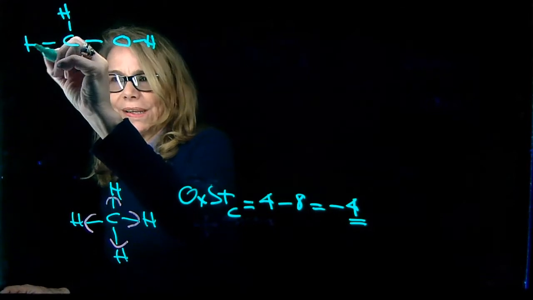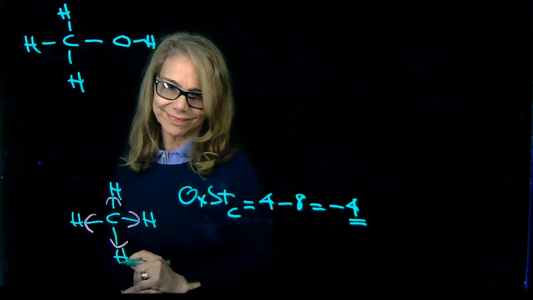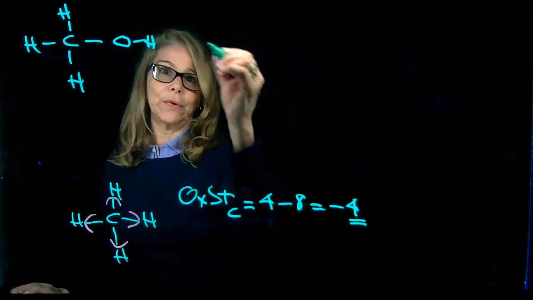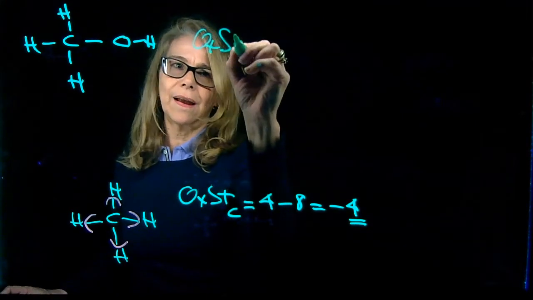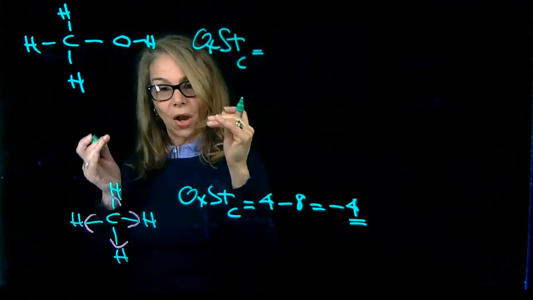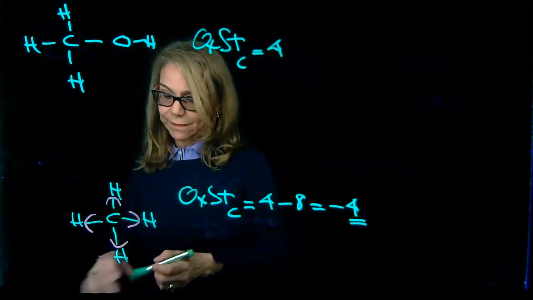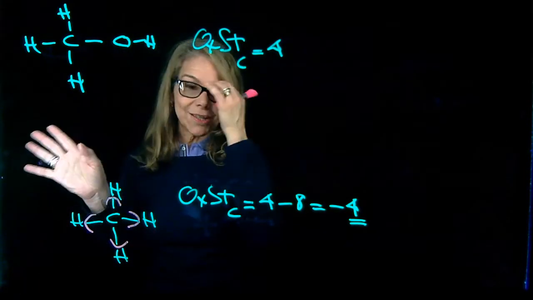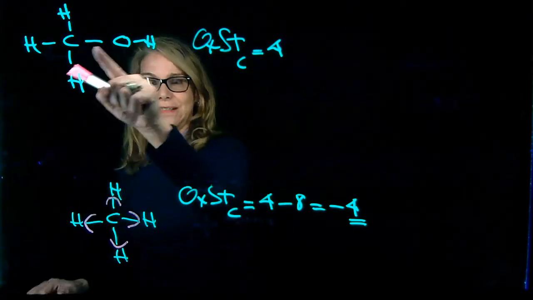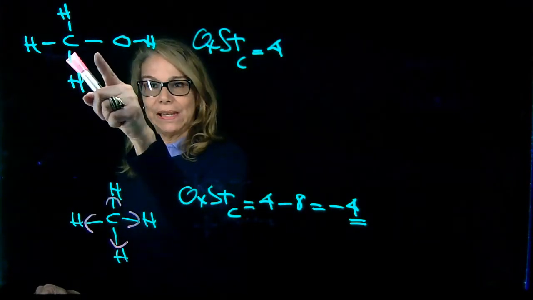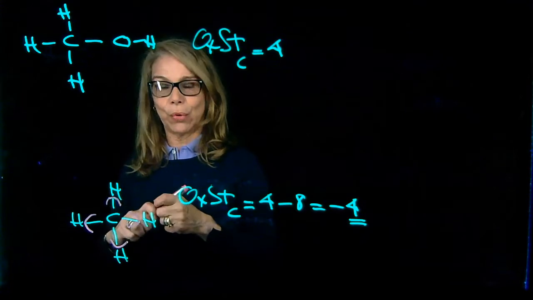What I'm drawing here is methanol. Again, for the oxidation state of carbon, we start from the valence electrons, but opposite to formal charge, now we're considering the electrons in the bonds assigned to the more electronegative atoms.